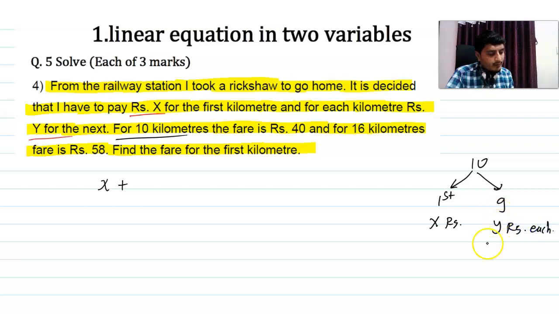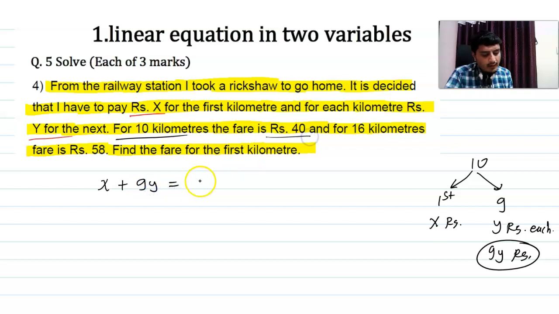For 9 kilometers we pay a total of 9y rupees. So the total fare is x for the first kilometer plus 9y for the next 9 kilometers, and the total fare given is 40. So we get the first equation: x plus 9y equals 40.